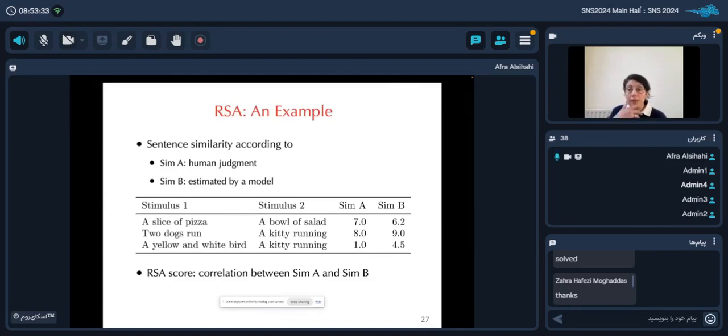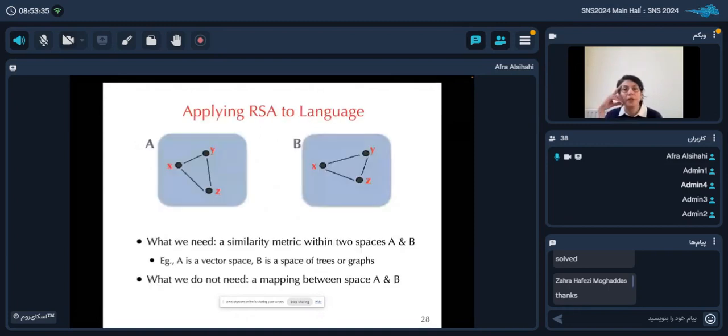So basically what I need to apply RSA to language is not a way of projecting from one representational space to another. This is what we did when we did the probing part. What I need is a distance matrix within each representation space.